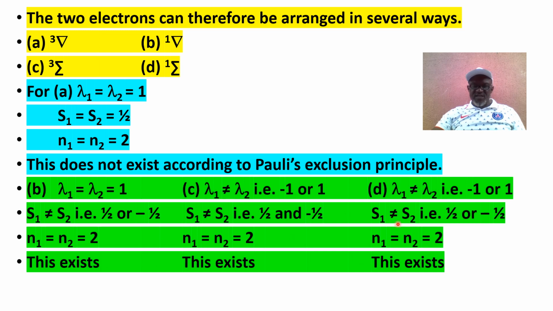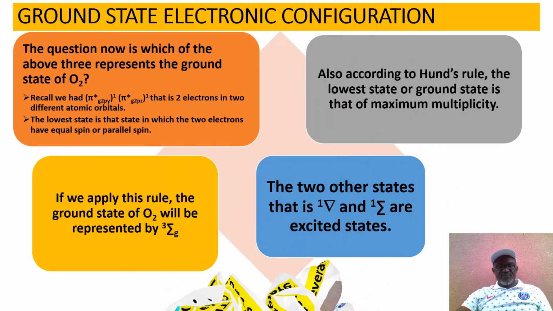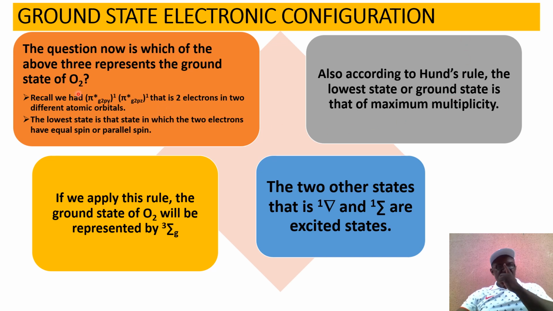Now the problem for us is to find out, between these 3, which one is the ground state electronic configuration of oxygen. So the question now is what I've asked: which of them is the ground state for oxygen? Recall, we had this, that is 2 electrons in 2 different atomic orbitals.